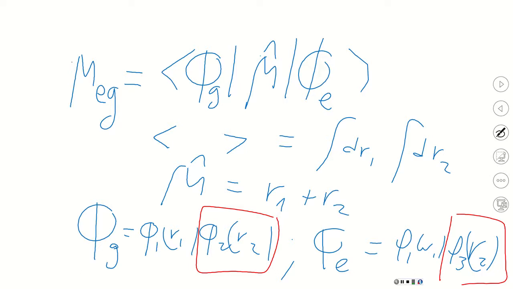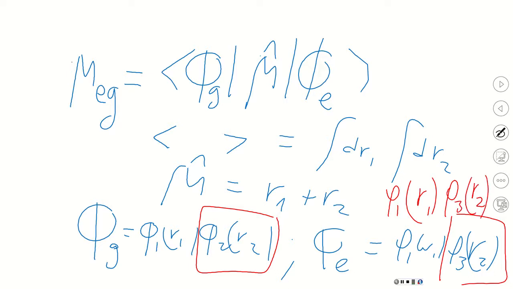As approximation, instead of Slater determinants, we use Hartree products. So, ground, excited. Ground is first electron in first, second electron in second. Excited: first electron in first, second electron in third.